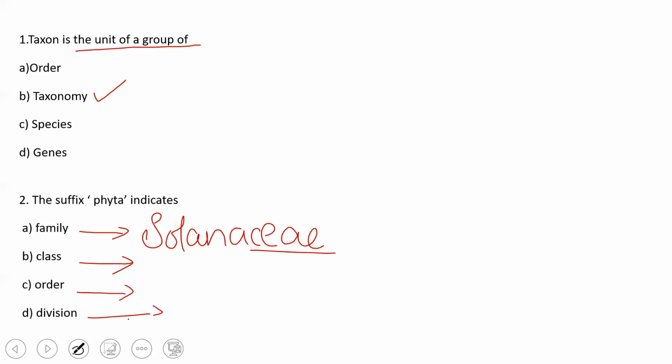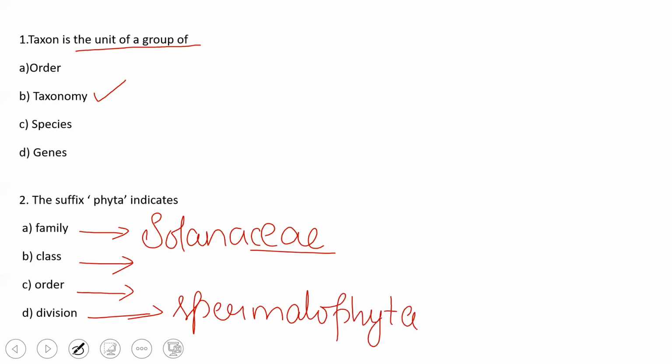But in case of division with regard to plants, they belong to the division called Angiospermae or Gymnospermae. Together we can call it Spermatophyta, seed-bearing plants. So they end with the suffix phyta. So henceforth, here the option is division.